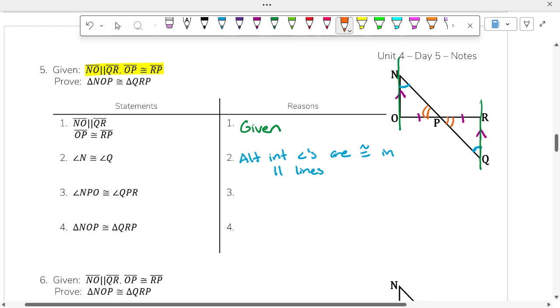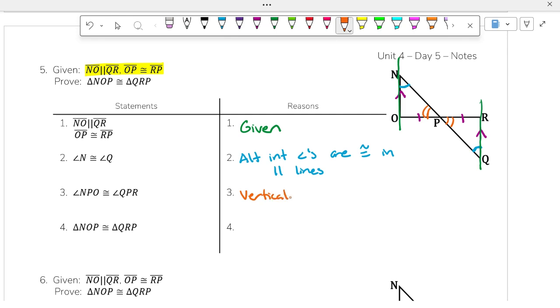So what's the reason that those 2 orange angles are congruent? Yeah, number 3. What's the reason? It's not reflexive. They're what? They're vertical angles. So we would say vertical angles are congruent. So we can't just say vertical angles. You got to say vertical angles are congruent. You got to be specific.